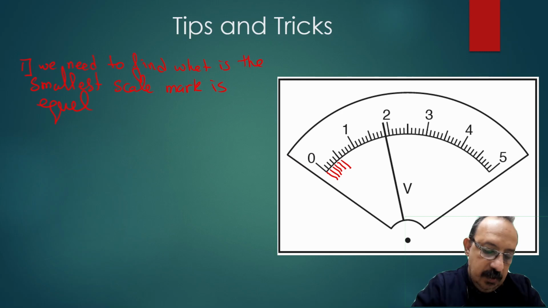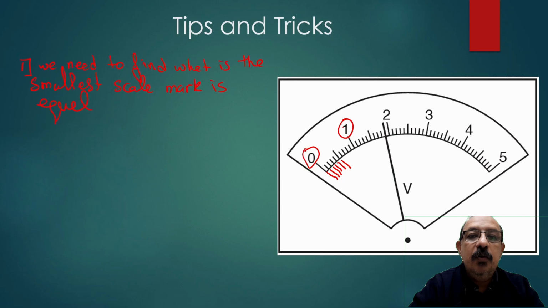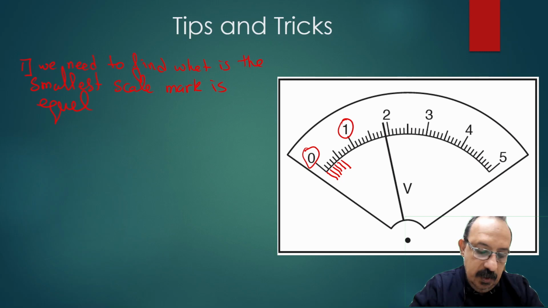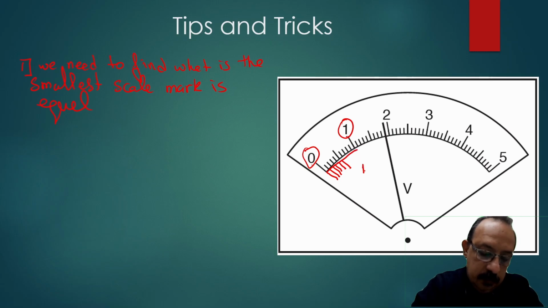Okay, we check the start and the first value on it. Then we have 0 and 1. So from here to here we have 1 volt, and in between them we have 10 divisions.